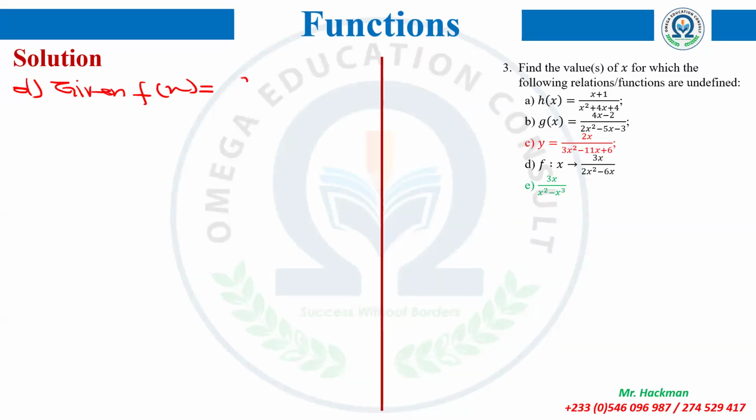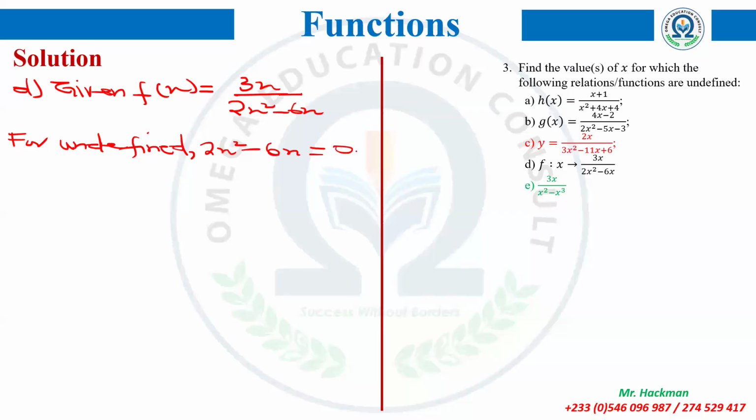So this will give us f of x is equal to the corresponding relation form, and that will give us 3x over 2x squared minus 6x. So we are still looking for undefined. For undefined, your denominator function, which is 2x squared minus 6x, equals 0.